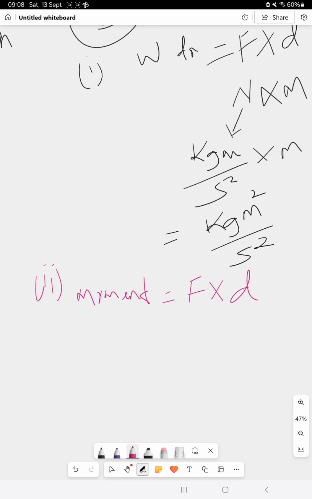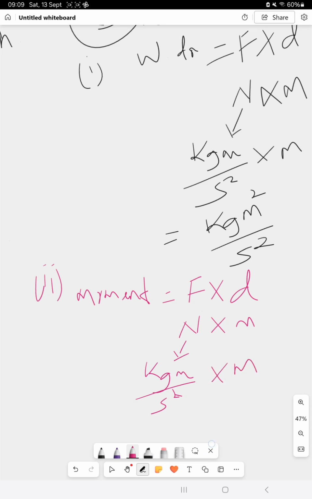Again, what are the units of force? Newtons. And units of distance is meter. Therefore, this is the same as kilogram meter over s squared times meter.